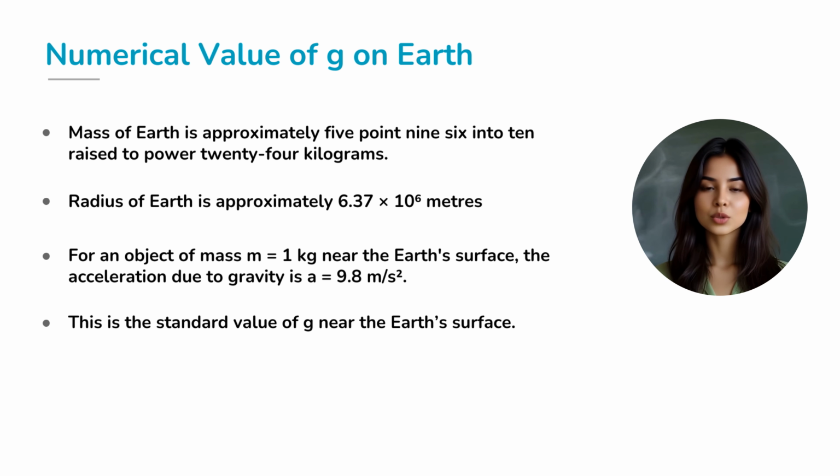This means that if you drop a 1 kilogram mass near the surface of the Earth in a vacuum, its velocity will increase by 9.8 meters per second every single second. This standard value is used in most physics calculations involving free fall near the Earth's surface.